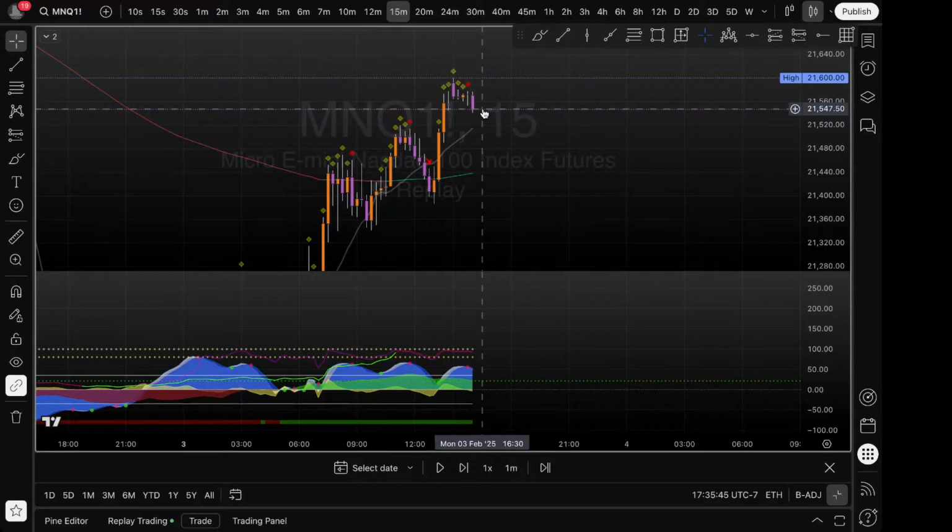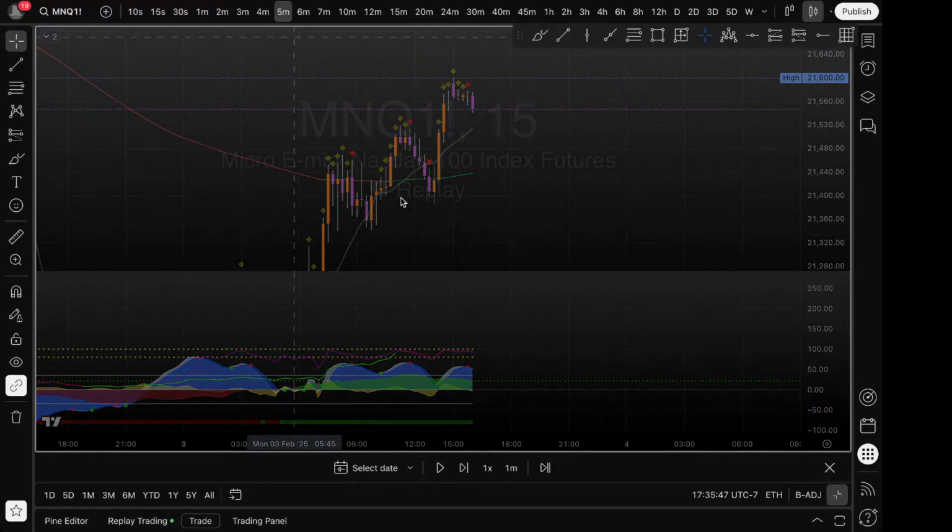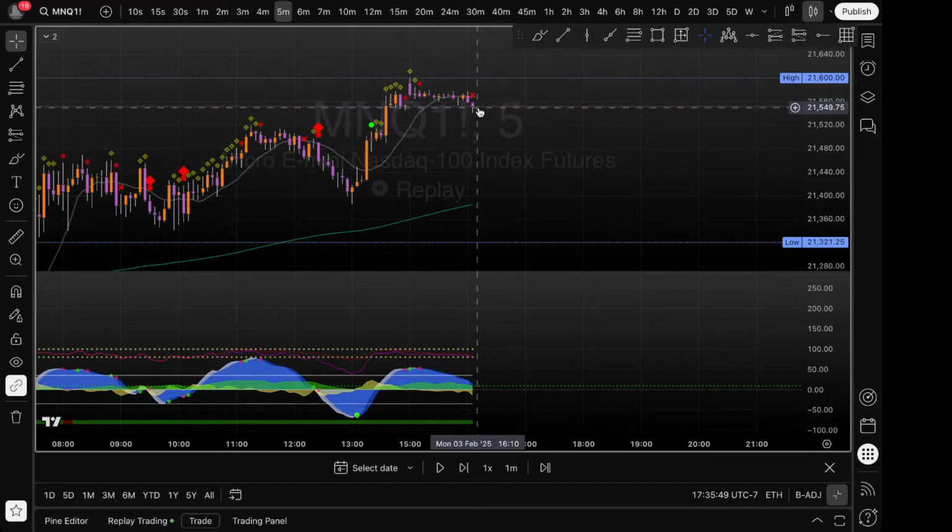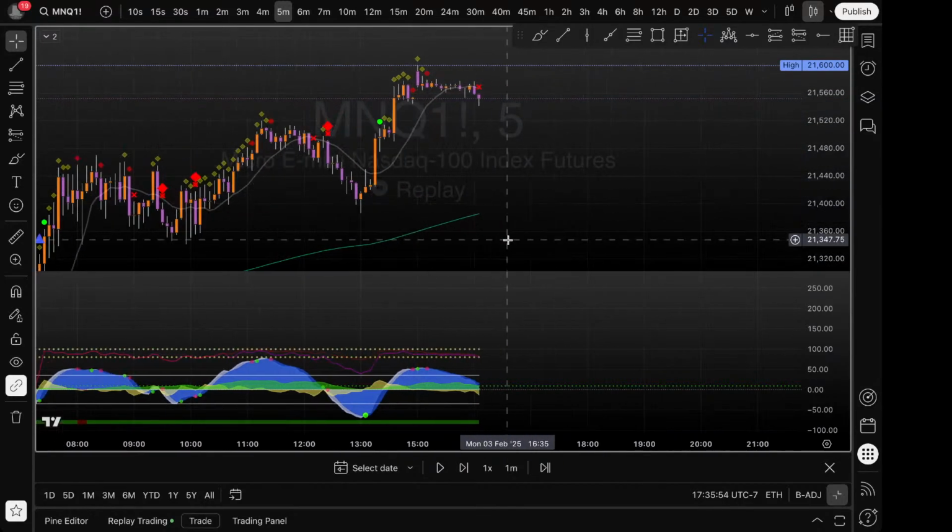Didn't mean to look at the candles. Where is that? 1547. Okay, it's already there. All right, so we didn't. No surprises.